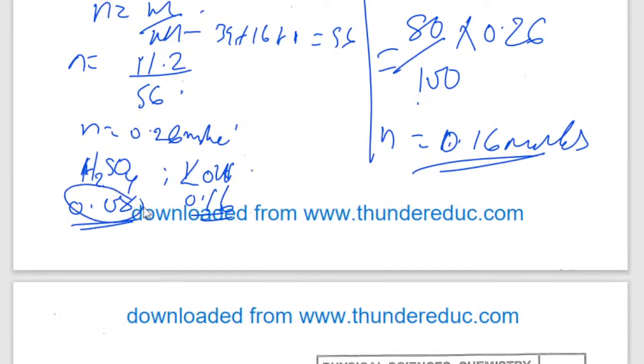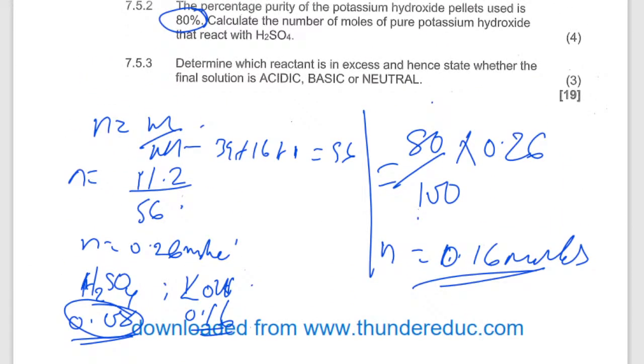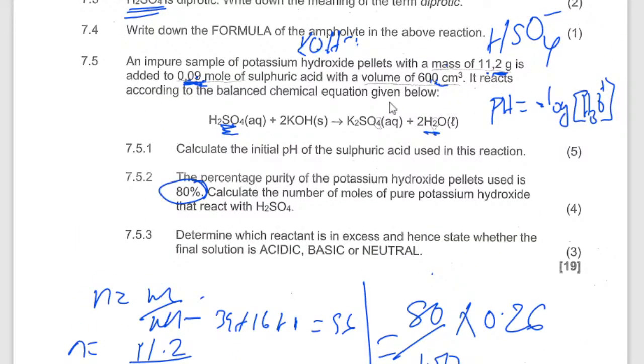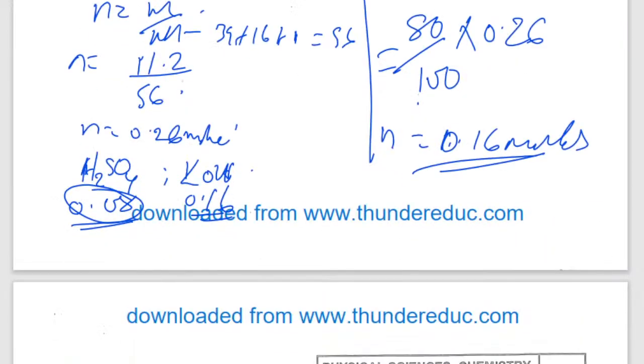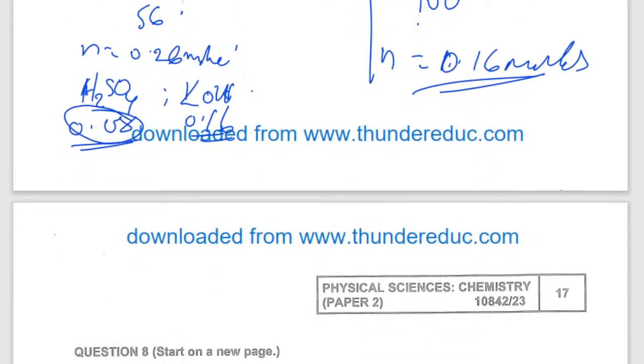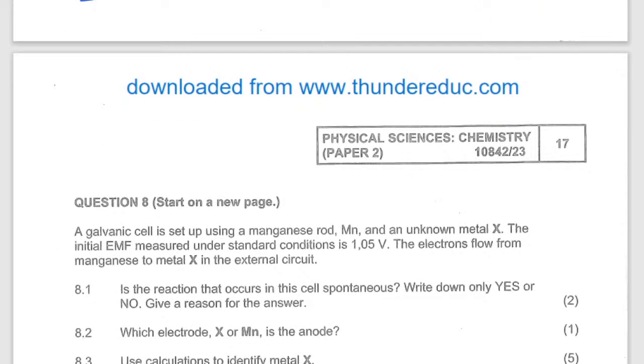When you subtract this from the initial amount of sulfuric acid we calculated, you see that sulfuric acid has more moles, meaning that the one which has more moles is the one going to be in excess, meaning the other one will be finished very fast before the second one has finished.